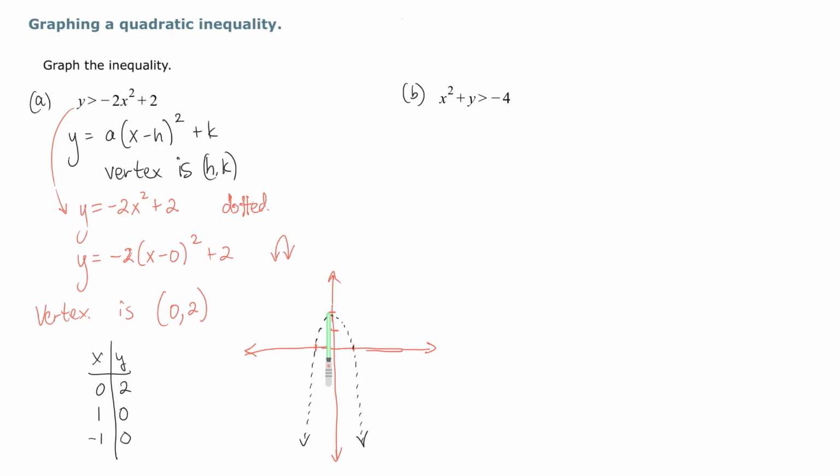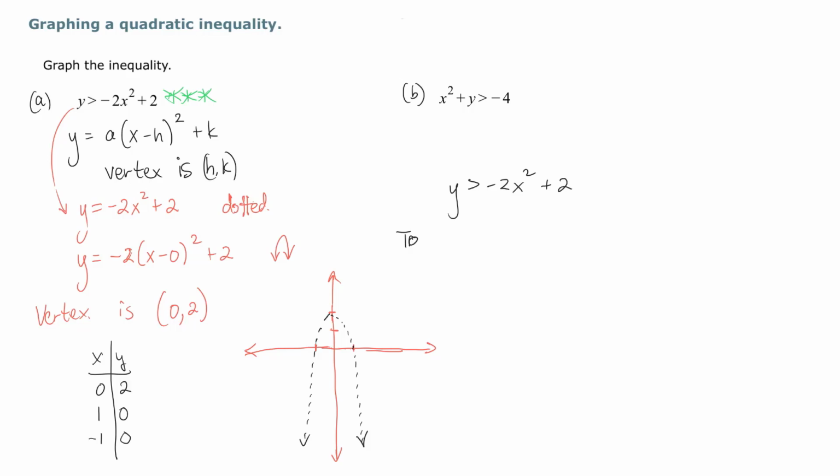We already know that's going to be false anyway. That's why it's dotted. So why don't we pick the origin? Why don't we test (0, 0) for the original inequality? Where is the original inequality? It's up here. Triple star. I'm going to go back to that triple star, and we're going to test (0, 0). Go back and test the original inequality and see if it gives you a true or false statement.